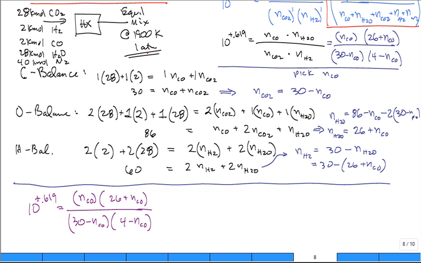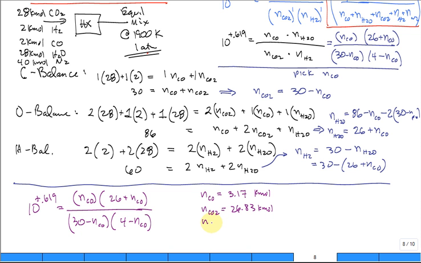So when you have this equation, you have to be able to solve for that N of CO, which is equal to 3.17. That's the answer. It has units, kilomole. And once I have that from this equation, then I can go back to each of these previous equations and calculate NCO2. That's going to be 26.83 kilomoles.